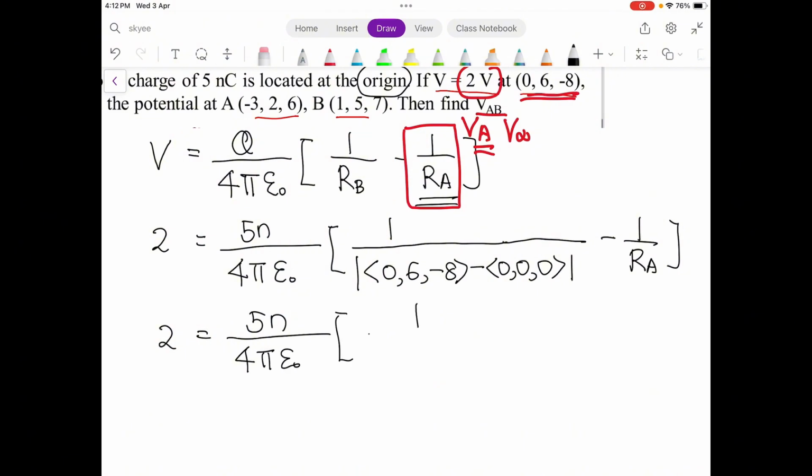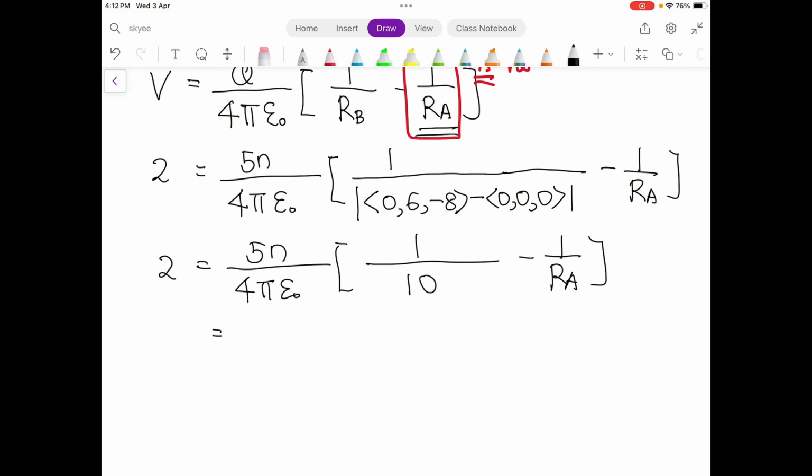So this one will have 36 plus 64. So we have 10 minus 1 over RA equals 2. Okay, if you multiply it inside, this one will be 4.49.